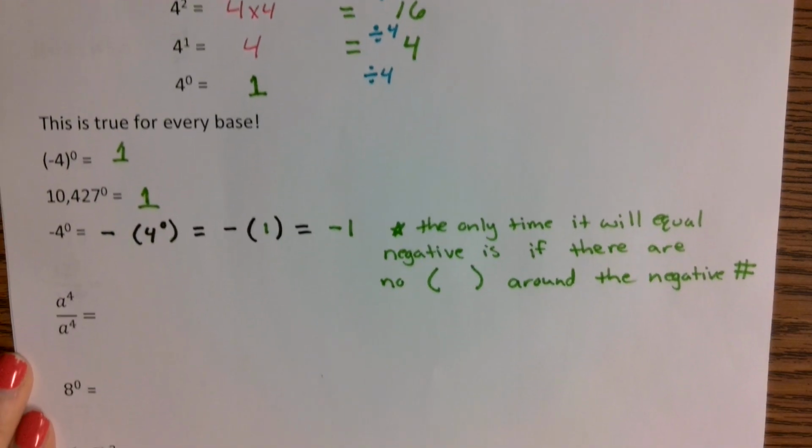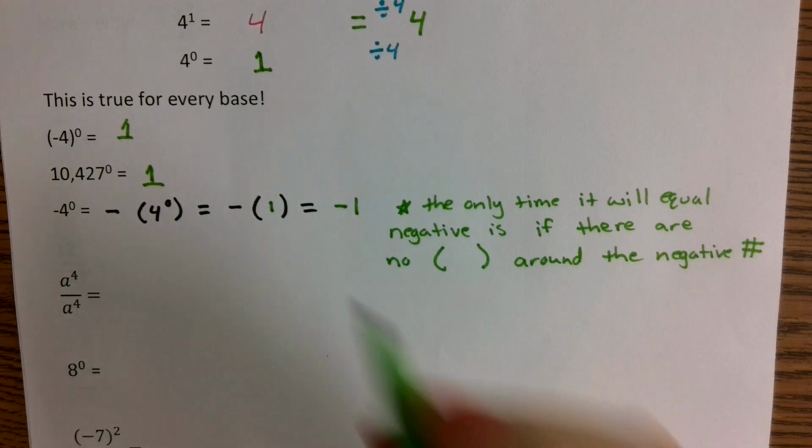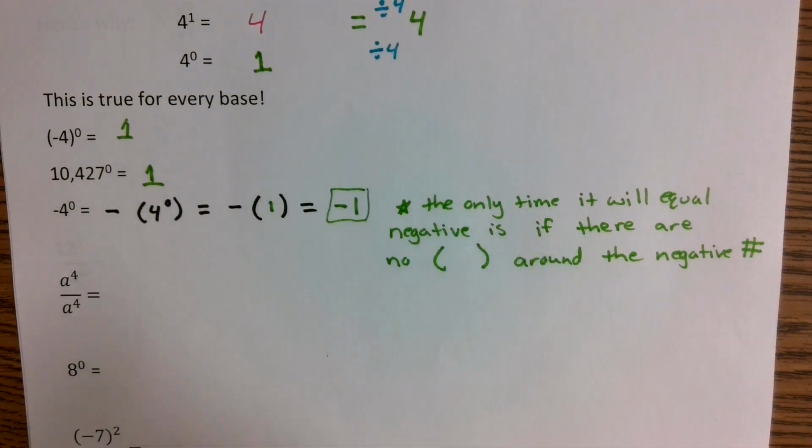That is the only time that it'll come out to a negative 1. If you have a base that's negative but it's not written in parentheses, then technically the base itself was not negative. You are only raising the number to the 0 power, not the negative sign.